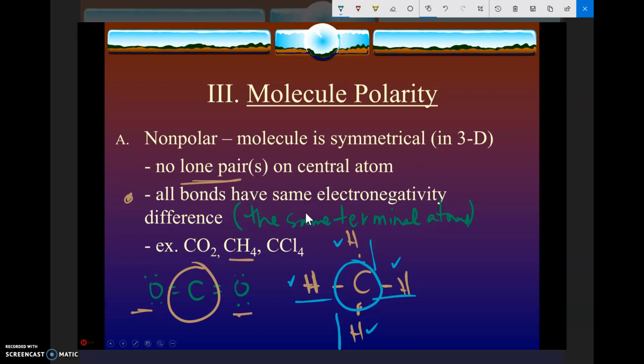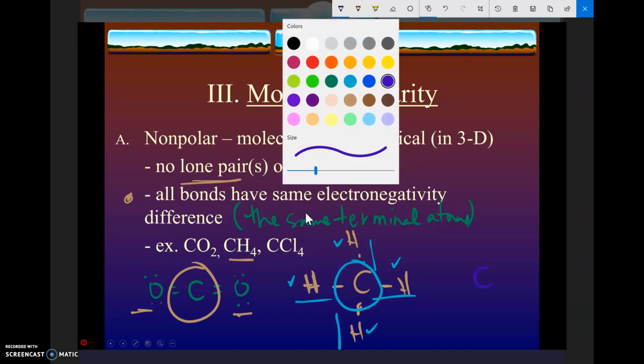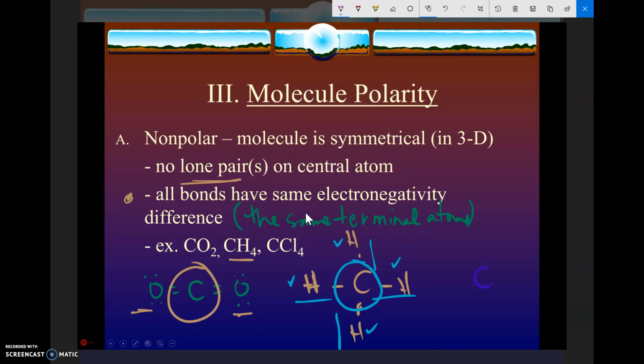Okay, our last example is carbon tetrachloride. So let's go ahead and draw this one. Nope, you can't see that color. Let's choose a different color. So there's your carbon and your chlorines.